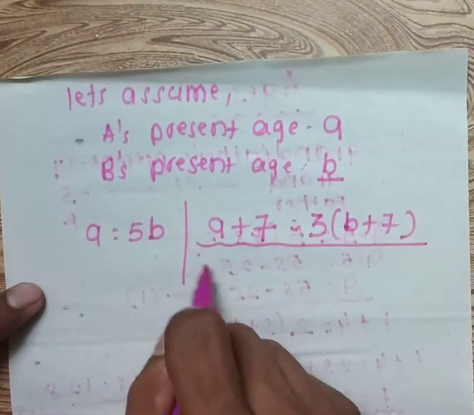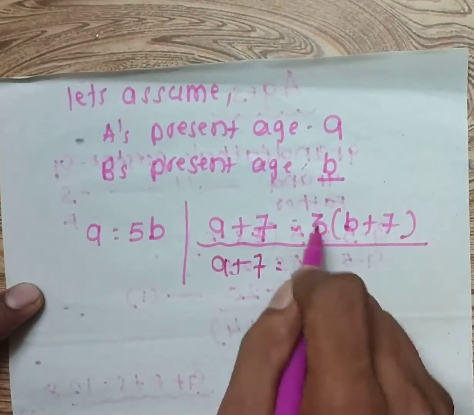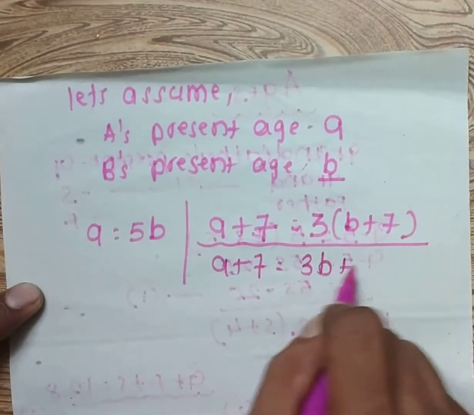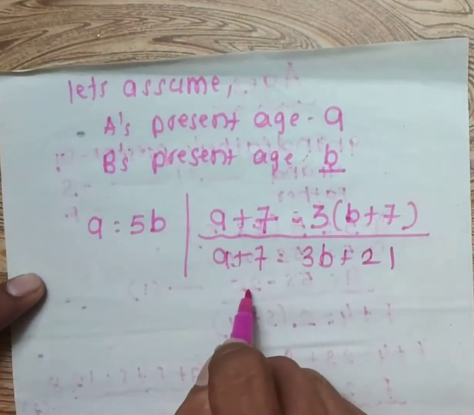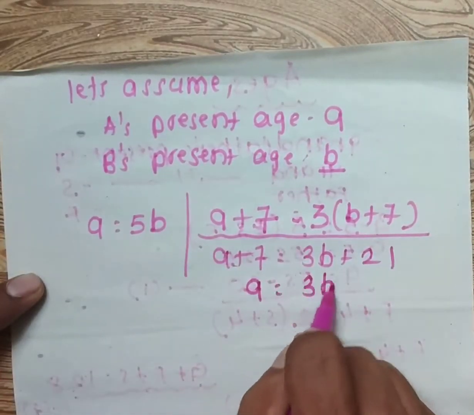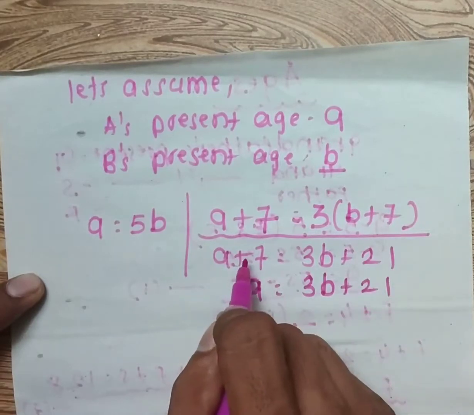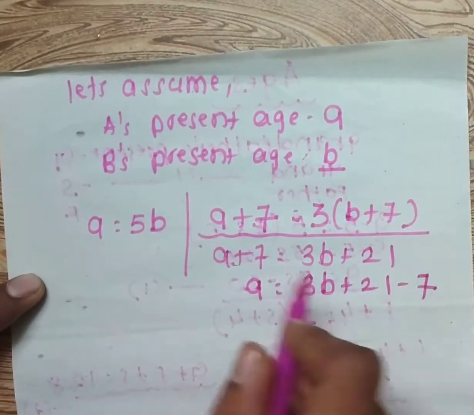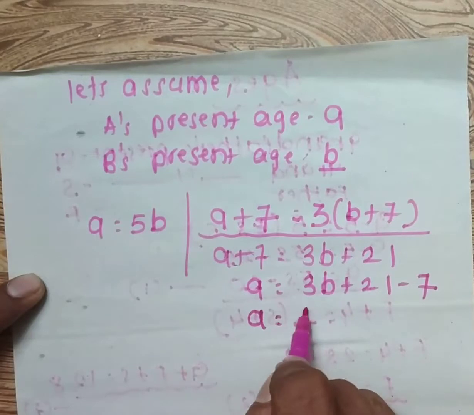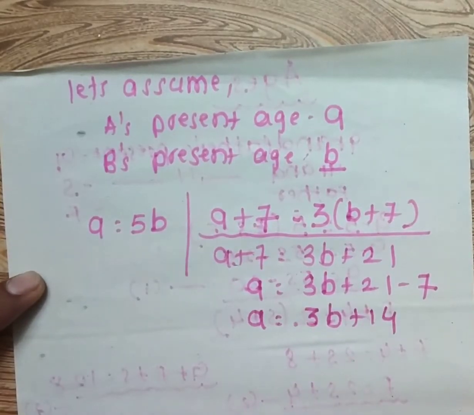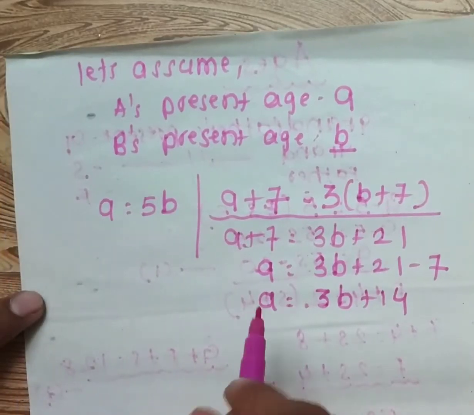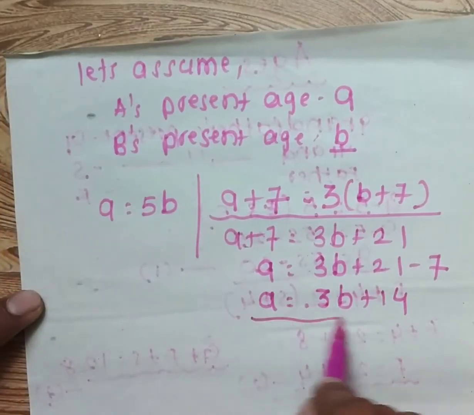So A plus 7 is equal to 3 into B is 3B, plus 3 7s are 21. So A is equal to 3B plus 21, and the 7 comes here as minus 7. 21 minus 7 is 14. So A is equal to 3B plus 14.